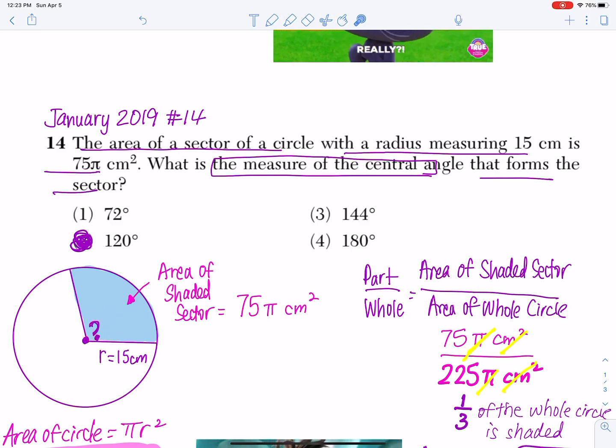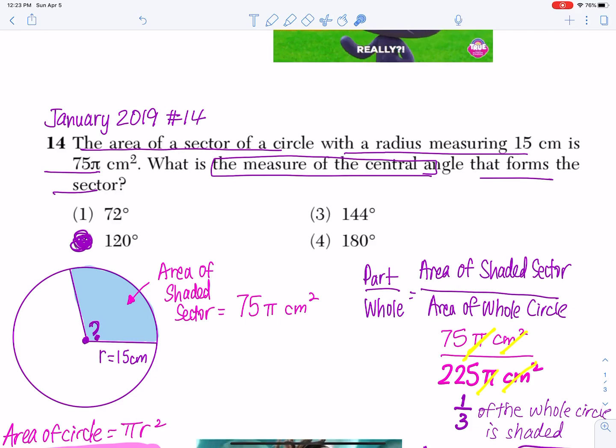Just like in any other problem, this has to deal with part over whole. But what is the part that they gave us? They gave us the area of the shaded sector, which is 75 pi square centimeters. So the part that we're using here is area. Before, in the other problem, it was the central angle.